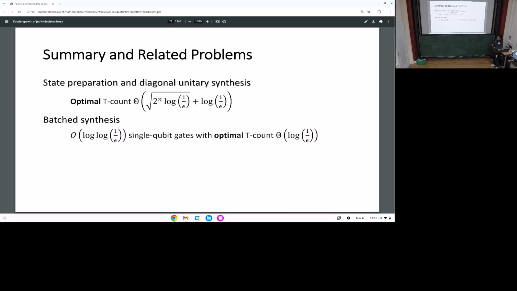For batch synthesis, we show that if you only want to implement log 1/epsilon many single qubit gates, then you can do it with just log 1/epsilon many T gates. And for mass production, if you want to implement m copies of the same single qubit gate, then it's m plus an additive log 1/epsilon. So these are the main results.